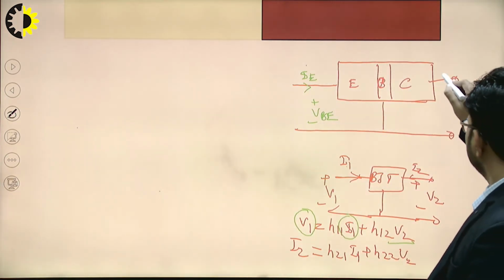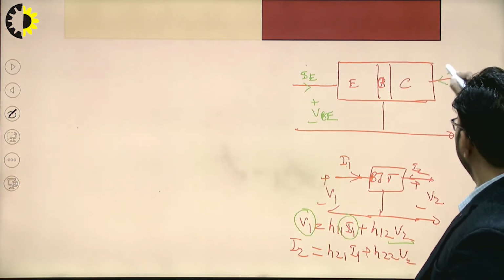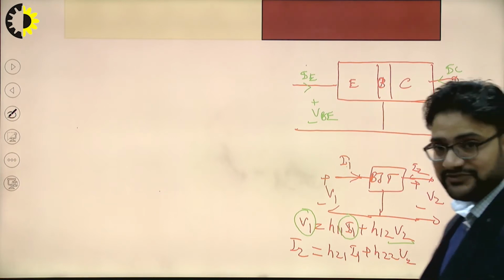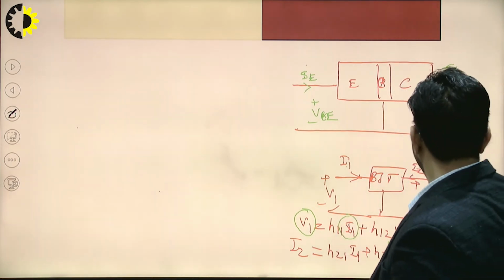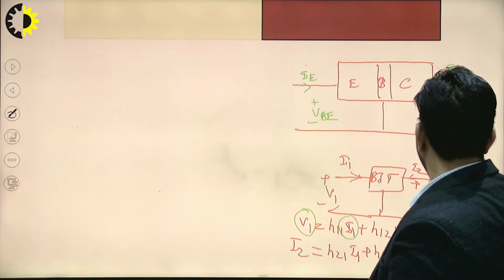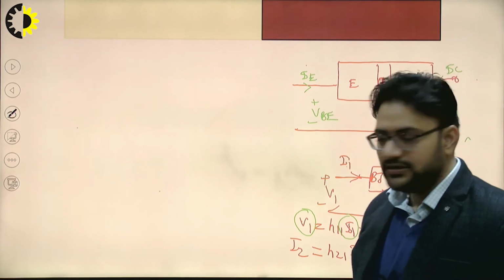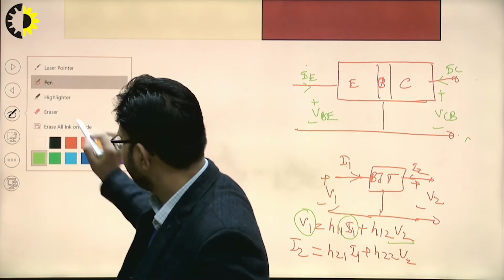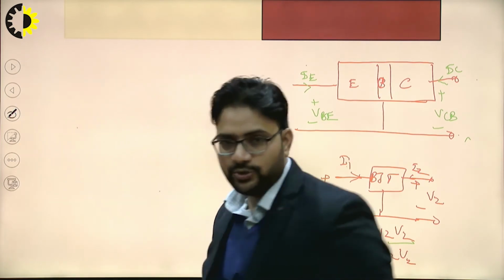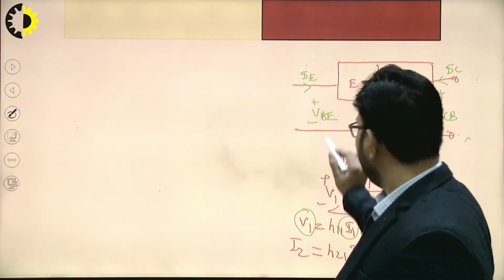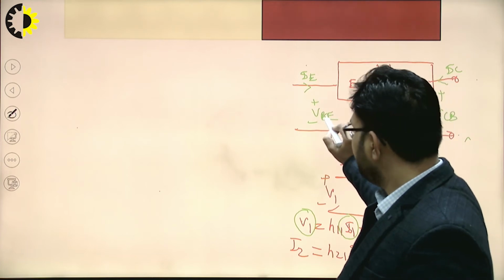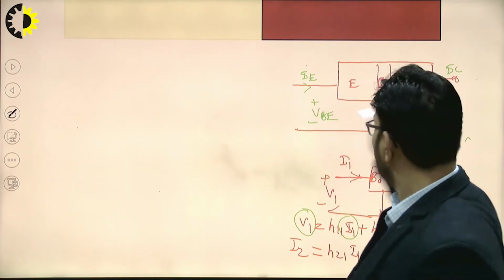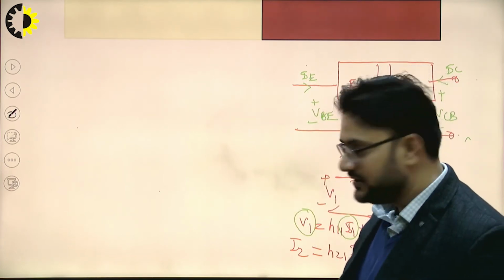What is V2? V2 is VCB. Now, if you want to draw the characteristics, the input characteristics will be between input voltage and input current, keeping output voltage constant.